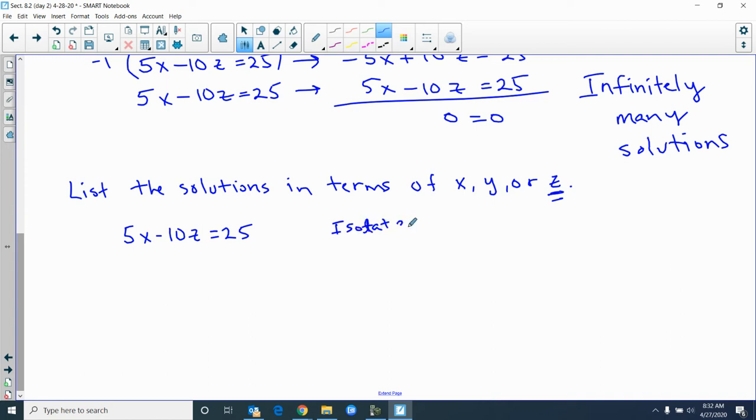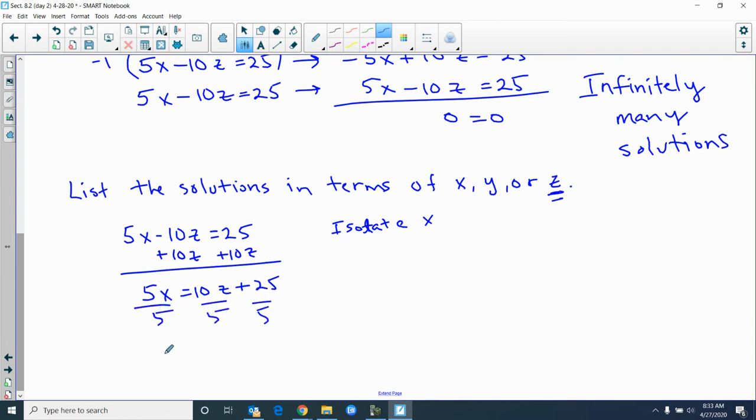So I'm going to add 10z, and I get 5x equals 10z plus 25. Divide by 5, and you get x equals 2z plus 5.